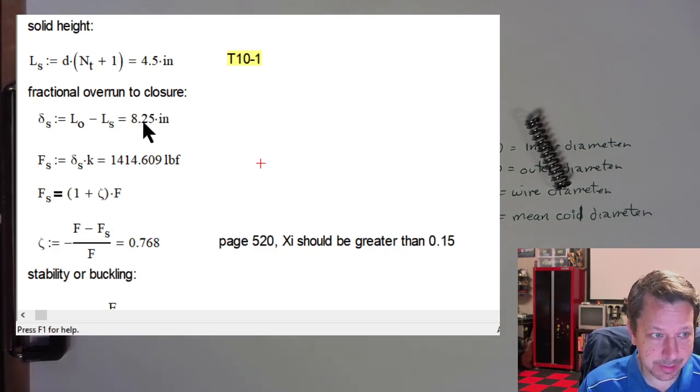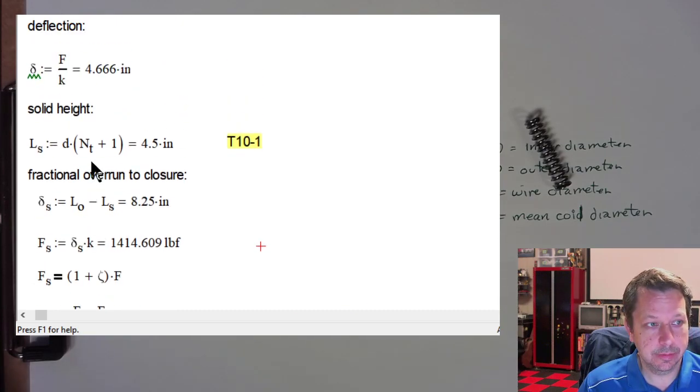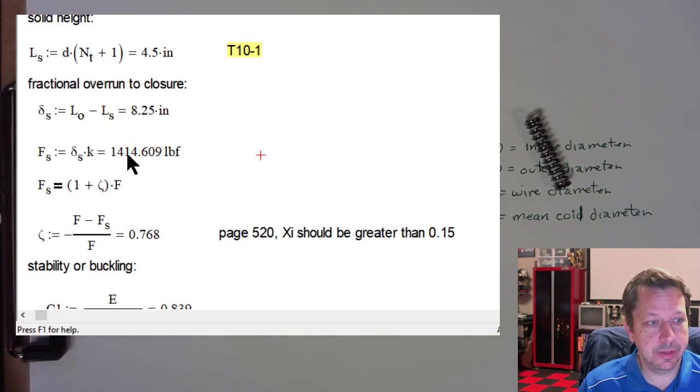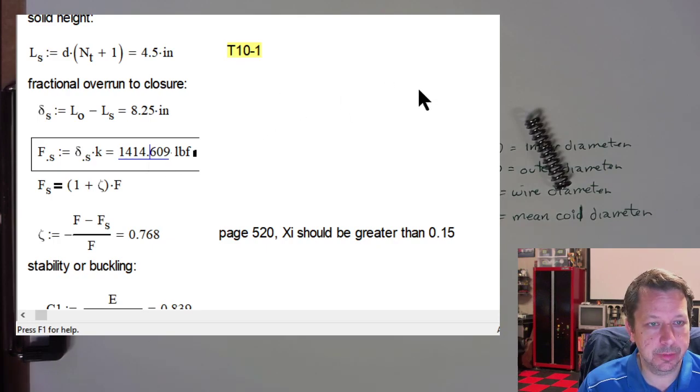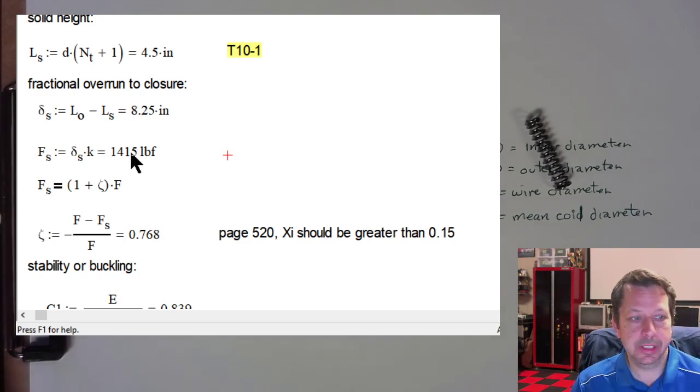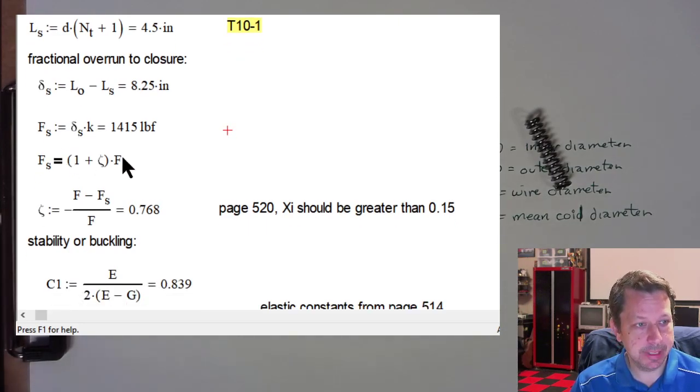Knowing that number, and our spring rate, the 171 pounds per inch, then you can figure out it takes 1,400 pounds. Again, there's some approximations in there, K is an approximation. 1,400 pounds to close our spring. We're applying 800 pounds. So basically this is figuring out what percent we have left.